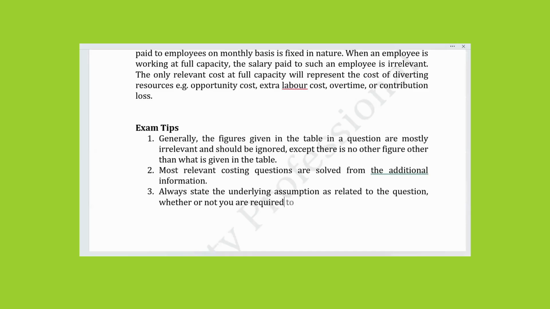Whether examiner asks you or not, you have to state your assumption.